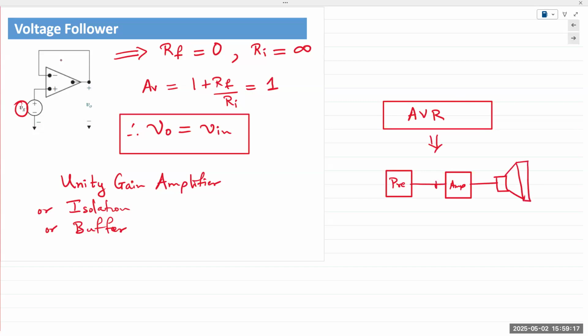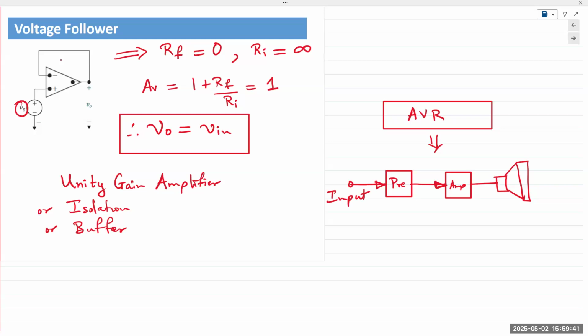Output of the preamplifier goes to the amplifier. And there is another external input going into the preamplifier. So there are multiple stages in an audio section. This input could be anything. Could be a microphone, a Blu-ray player, the output of a computer, a guitar, anything can be an input.